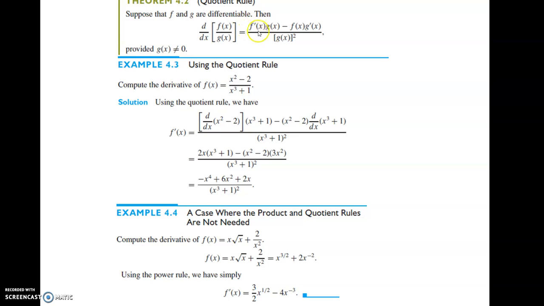Then you find the derivative of f. Please remember, here you should first find the derivative of the numerator multiplied with the denominator. The denominator is not multiplied, we didn't find the derivative of the denominator. So, see f prime(x) into g(x) minus, not plus, f(x) into derivative of g.